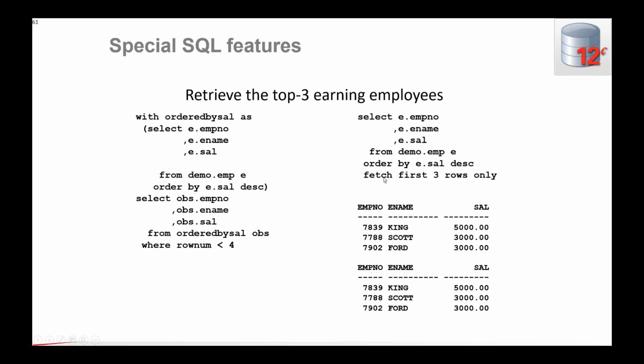We've got 7, 8, 9 lines on the left and just 5 or 6 on the right. It's just syntax candy, because Oracle rewrites this to this. Still, it simplifies the code and makes things easier to work with.